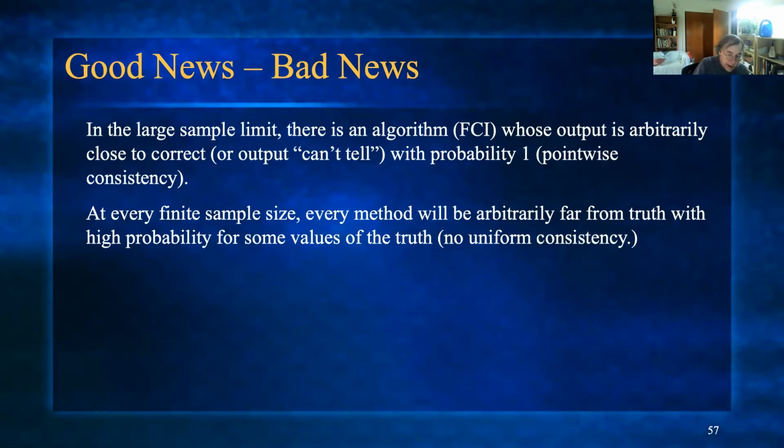And that turns out to be not simply a function of the algorithm, but a function of the fact that there isn't any algorithm which is immune to those kinds of errors unless you make stronger assumptions than the causal Markov assumption and the causal faithfulness assumption.